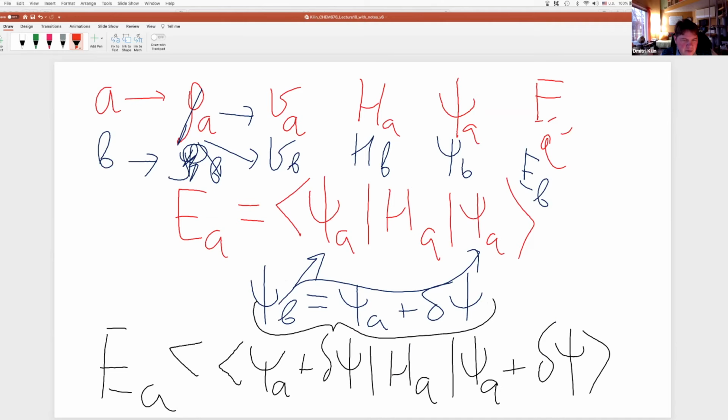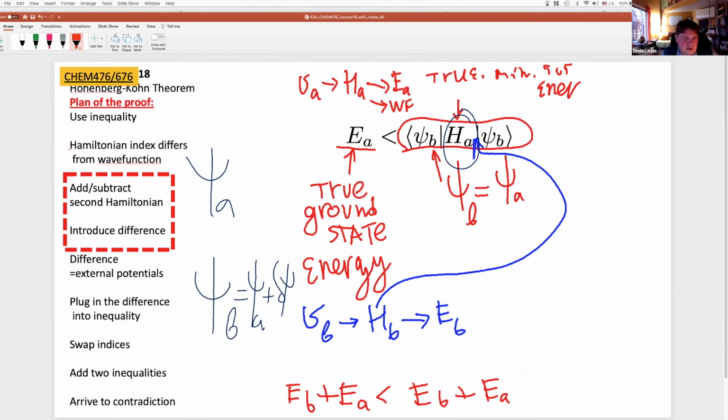So I'm going to try to practice the same logic and bring it to the language of the density.